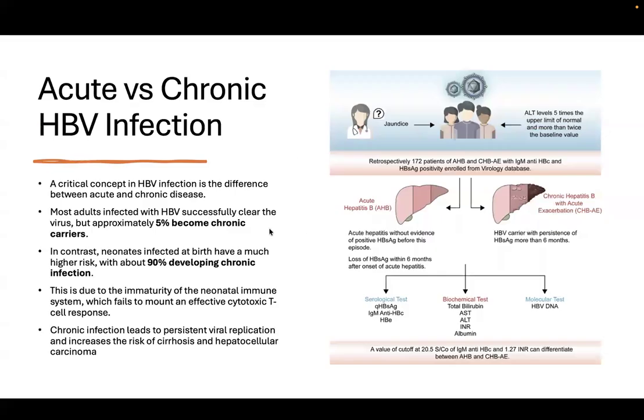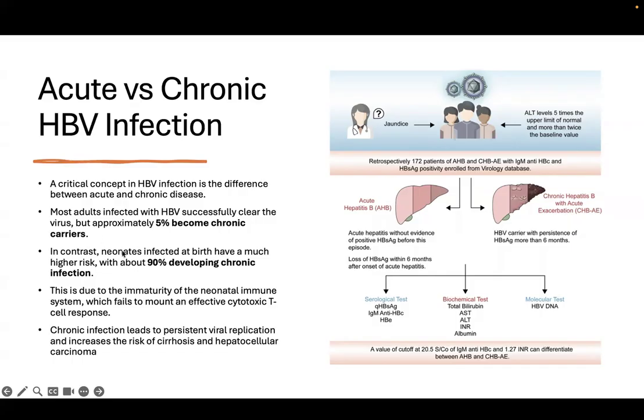So the thing about the hepatitis B infection, in the majority of cases, you do not get chronic infection. If you're a healthy adult, only 5% of people that get infected with hepatitis B become chronic carriers.